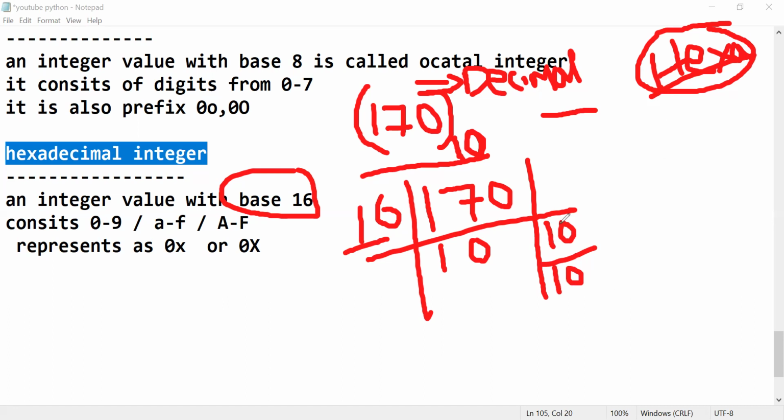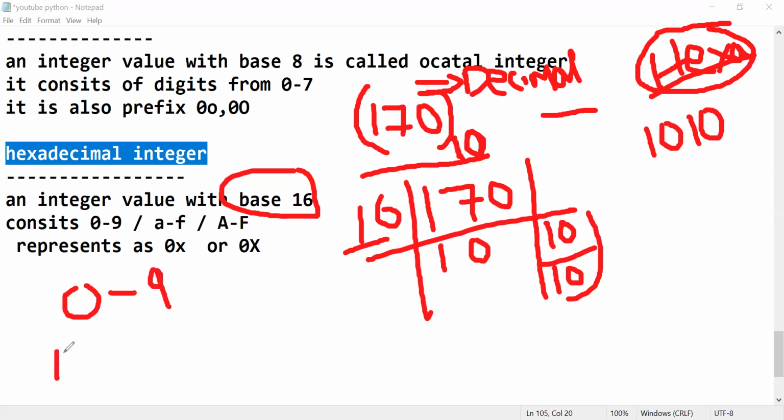While representing these remainders in hexadecimal, we need to write them in reverse order. What we got is 10 and 10. We already discussed that only 0 to 9 are represented as numbers.